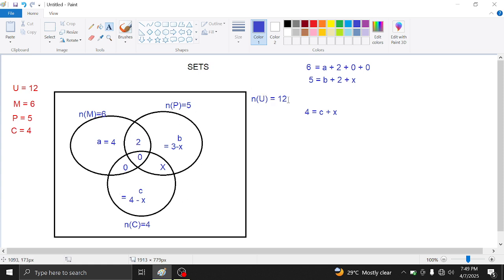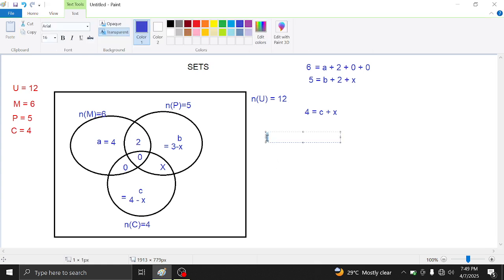Okay, so finding the value of X, it must sum up to 12. So 12 being equal to 4 plus 2 plus 3 minus X plus X. Let me extend this one so it can cover those spaces.